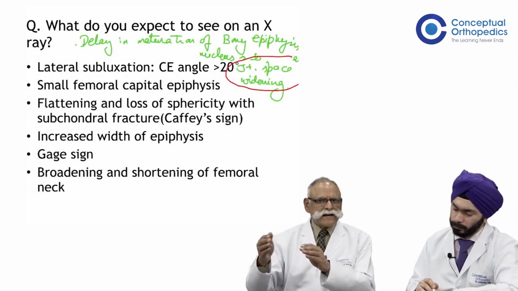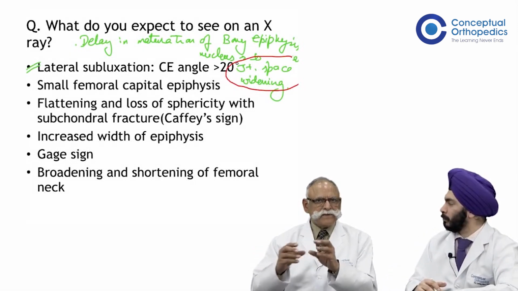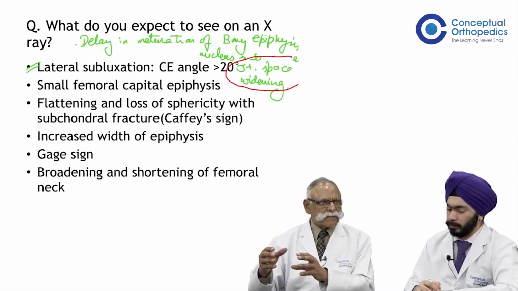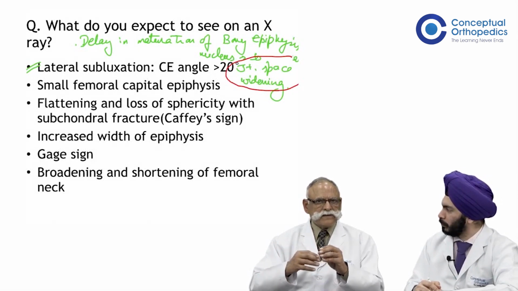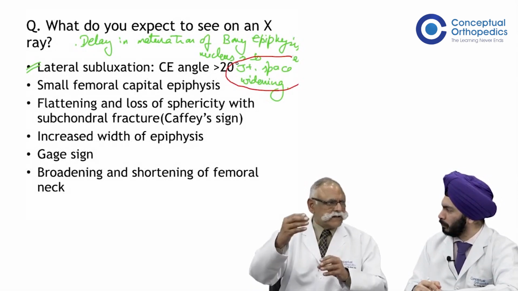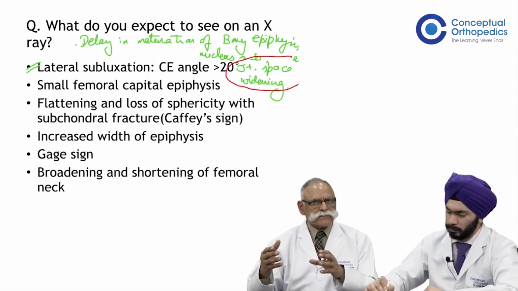And then depending on how the disease progresses and how much of the epiphysis is involved, there could be lateral subluxation. That means when the lateral subluxation takes place, the center edge angle will become more than 20 degrees.